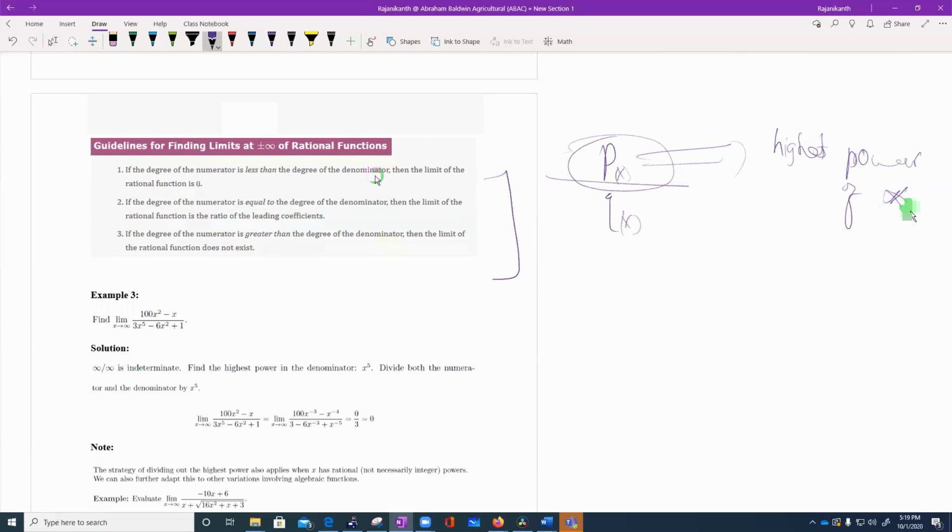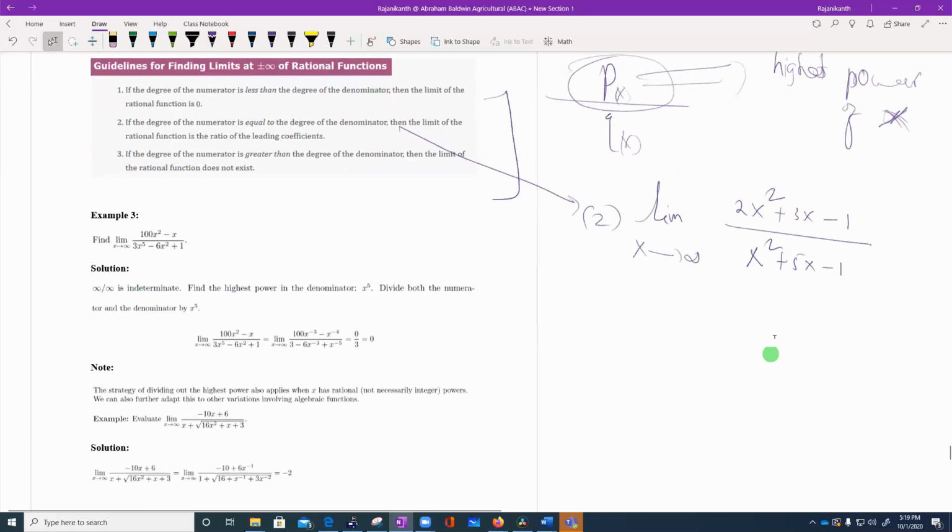What does that mean? I will explain one problem with the second scenario. Suppose you want to find the limit as x goes to infinity of 2x squared plus 3x minus 1 over x squared plus 5x minus 1. How do you find this limit? Remember, you have a fraction. What is the degree of the numerator? 2.